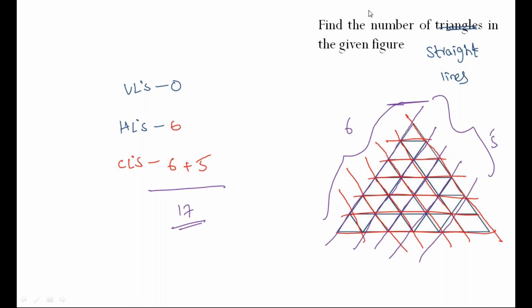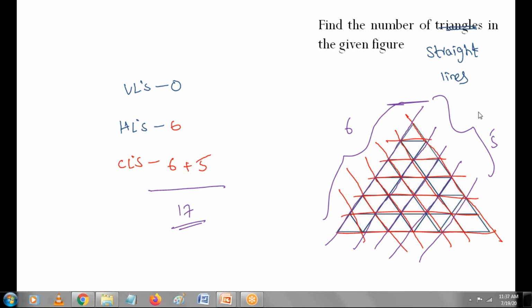So hope you understand, whatever the diagram may be, how to calculate the number of straight lines. Don't worry about the diagram. It's as simple as going ahead with the number of vertical lines, horizontal lines, and straight lines, right?